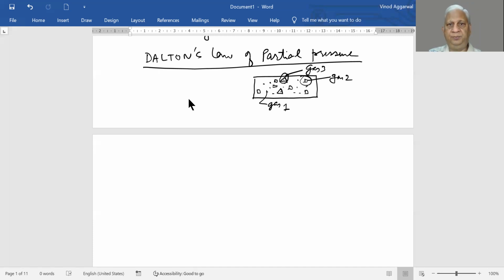Then what happens is each of the components of these gases will exert their own pressure separately, which is independent of one another.